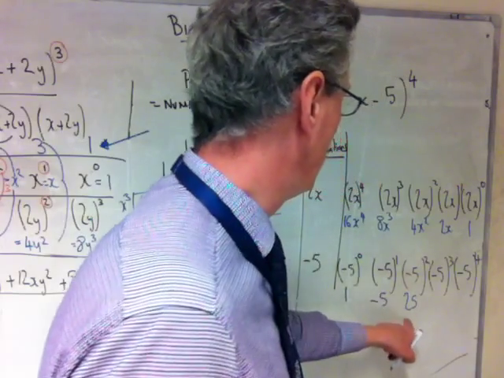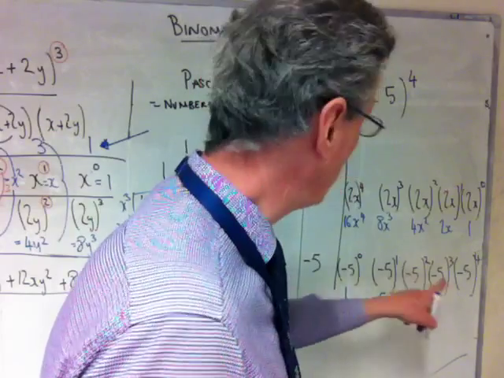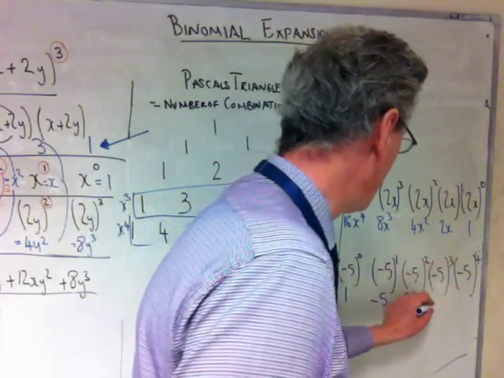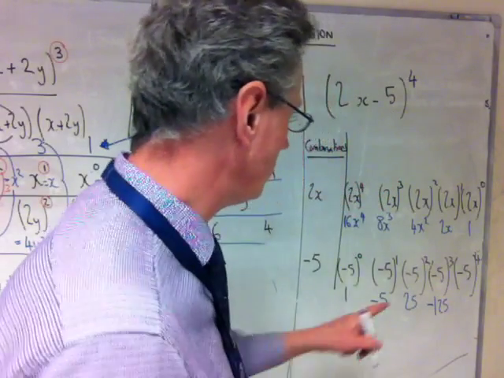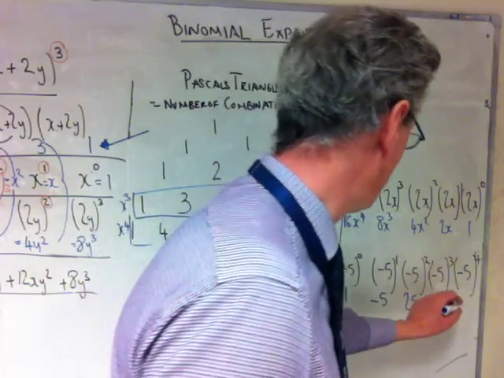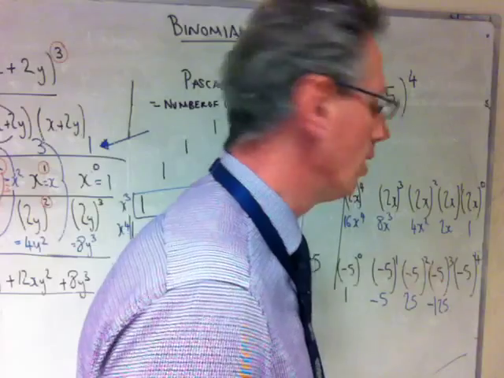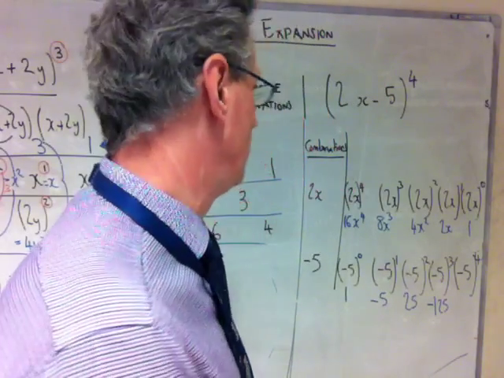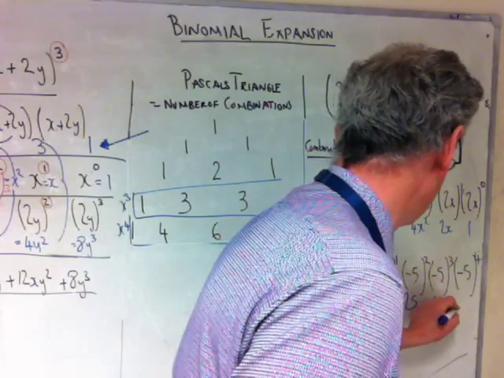25. Okay, then we've got timesing by minus 5 again. Careful, minus 5 cubed is minus 125. And then if we times that through again, you should get, so minus 125 times by 5, 625.